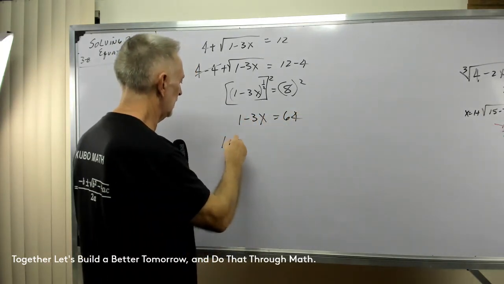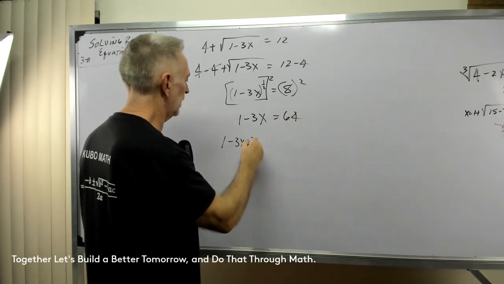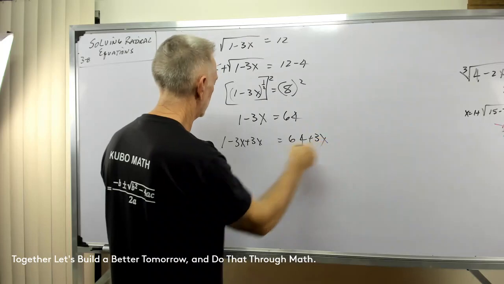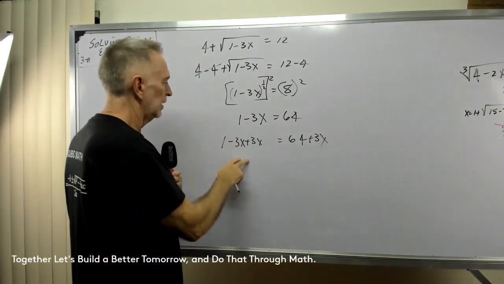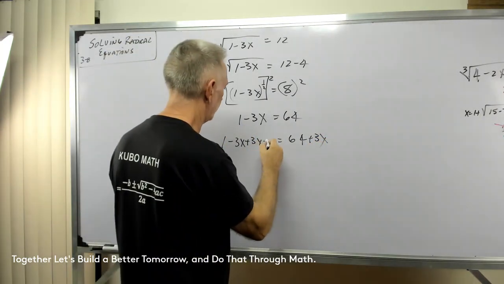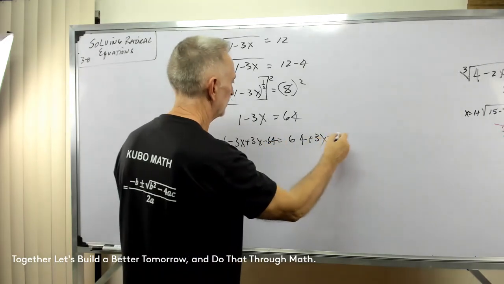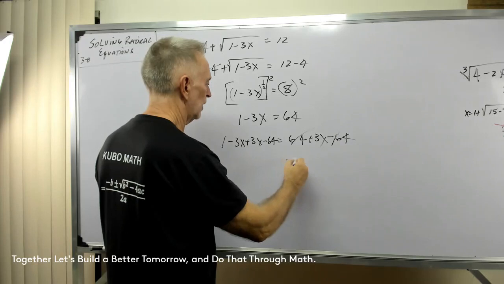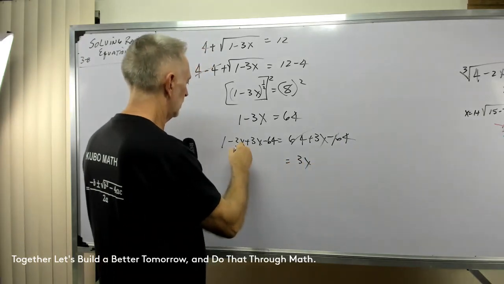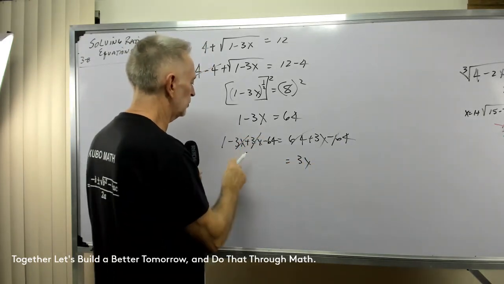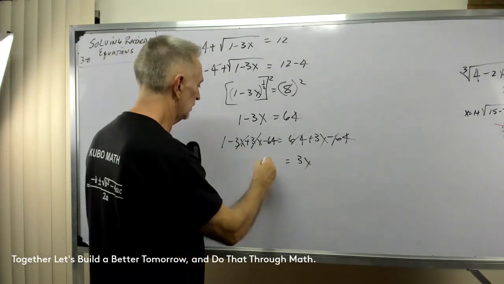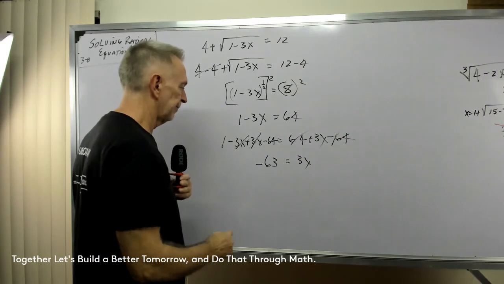Well, I'm going to add 3x to both sides to get rid of that negative. And then I'm going to subtract 64 from both sides. So 64 minus 64 leaves me 3x. Negative 3x plus 3x cancels. 1 minus 64 is negative 63.